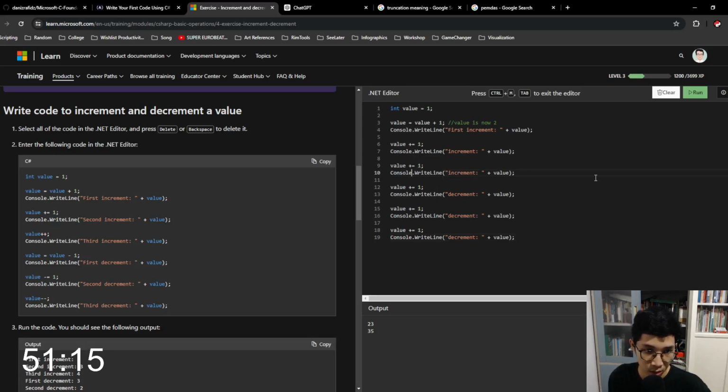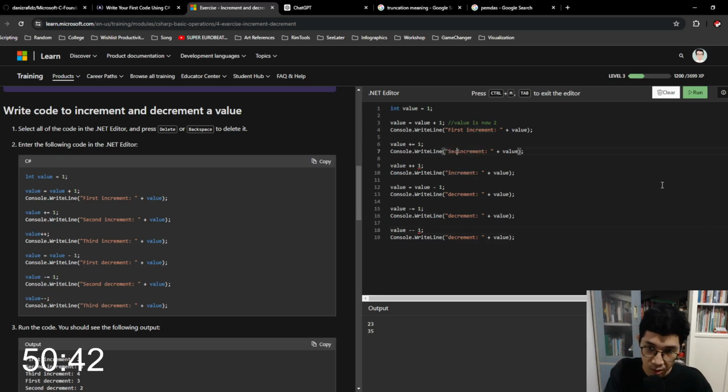Plus equal, this one is plus plus, and this one is plus, also value minus 1. This one is minus assignment or subtraction assignment, and the final section is subtraction or double subtraction.